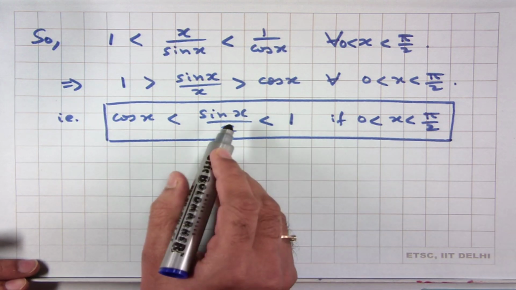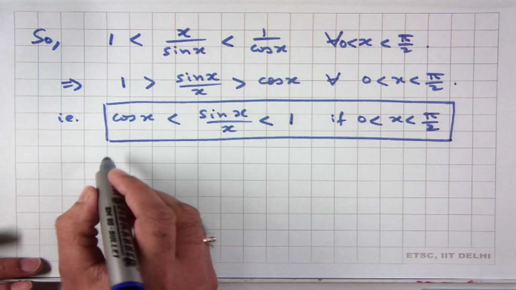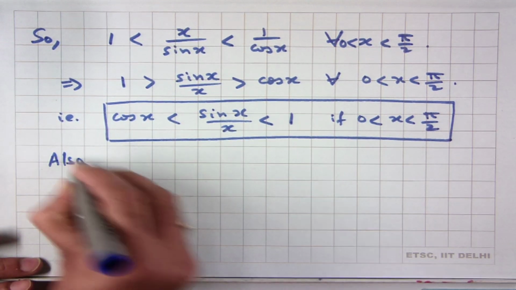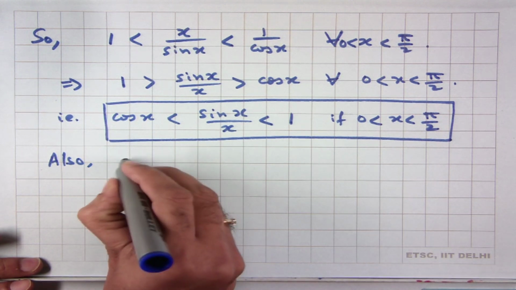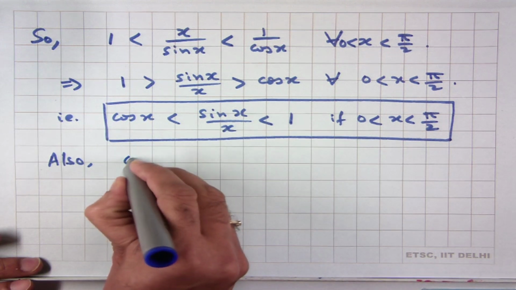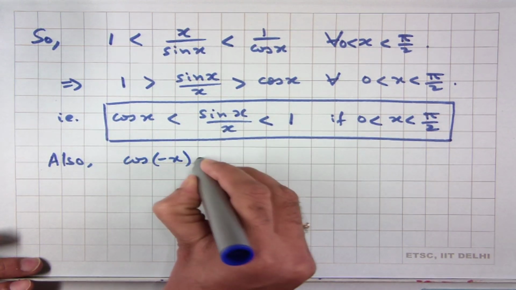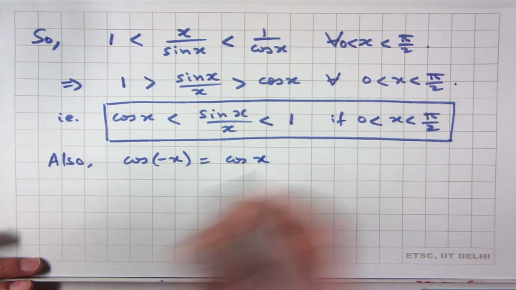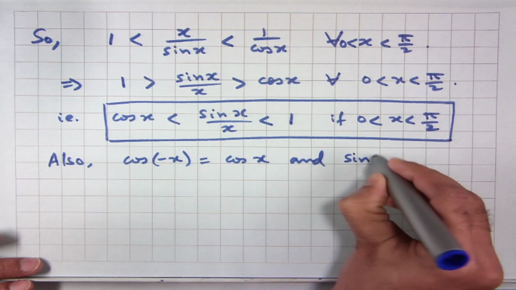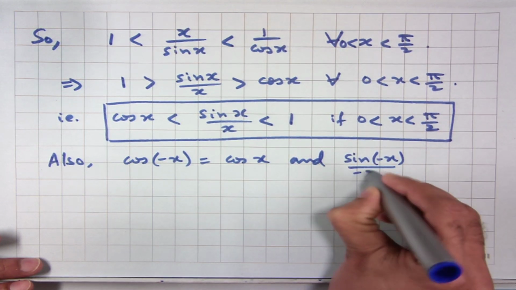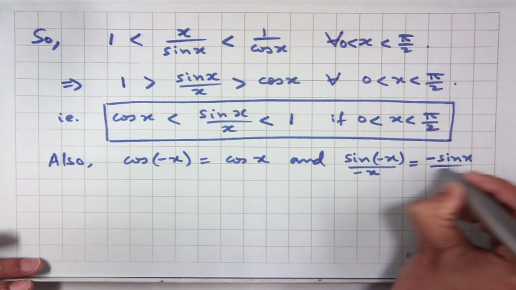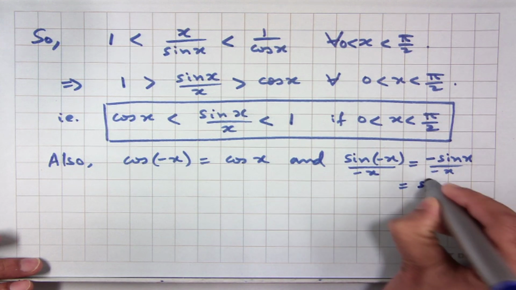So, also if I replace x by minus x, we note that cos of minus x is nothing but cos of x, and sin of minus x divided by minus x, because sin is an odd function, this is minus sin x divided by minus x, which is again equal to sin x by x.